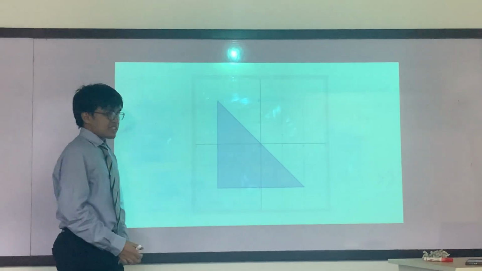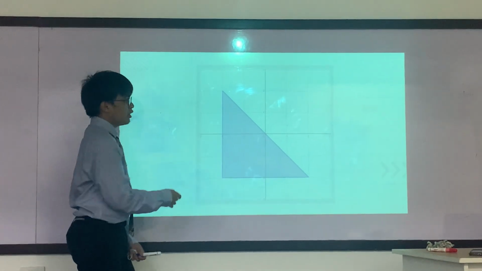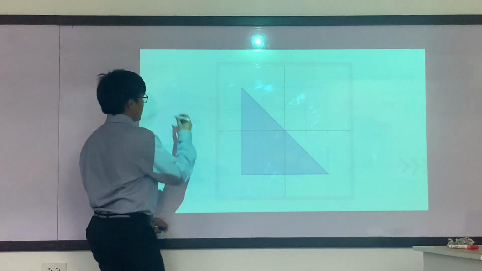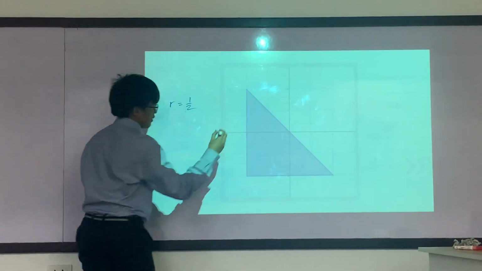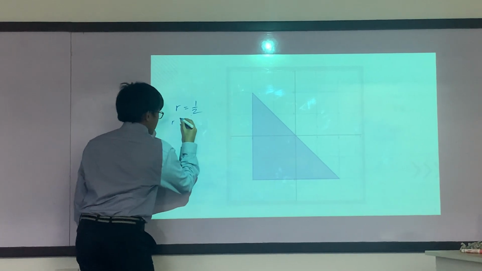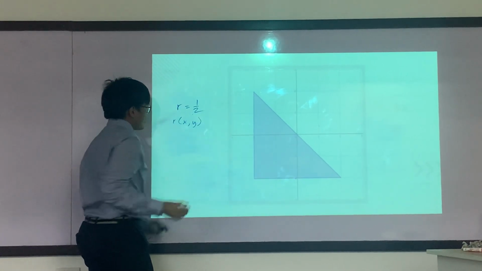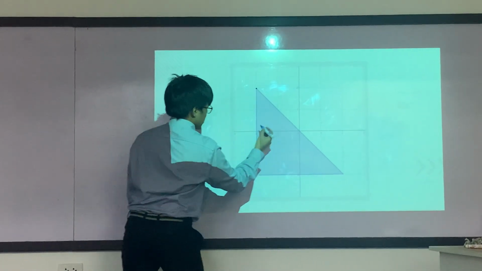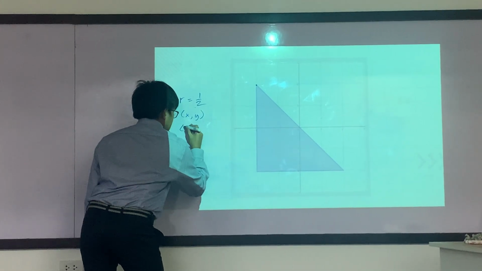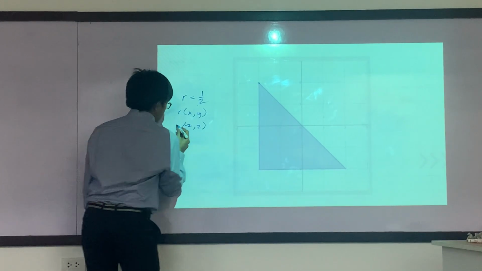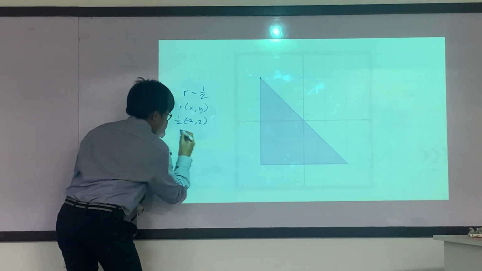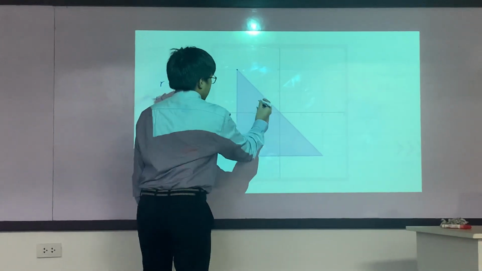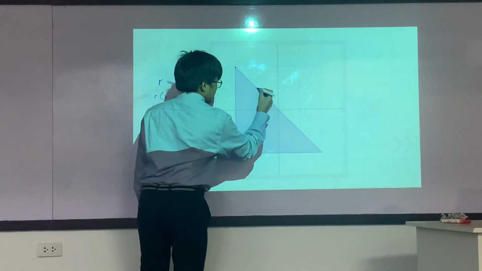For this next example, I'm still going to use dilation on this right triangle, but this one I'm going to reduce by a factor of 1/2, using the same formula as before. So let's start by plotting this point, which is -2 and 2. Multiply both by half, and you get -1 and 1.